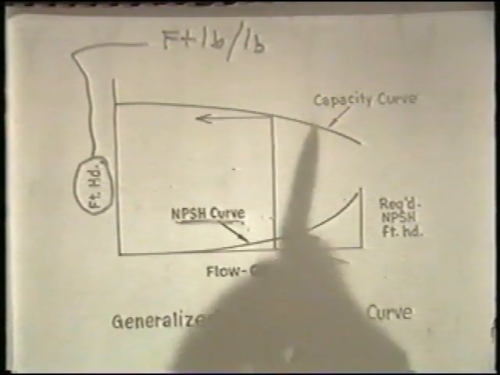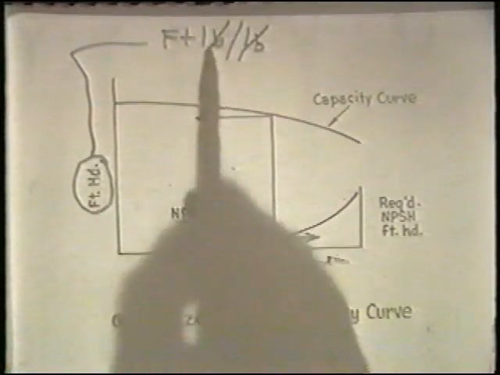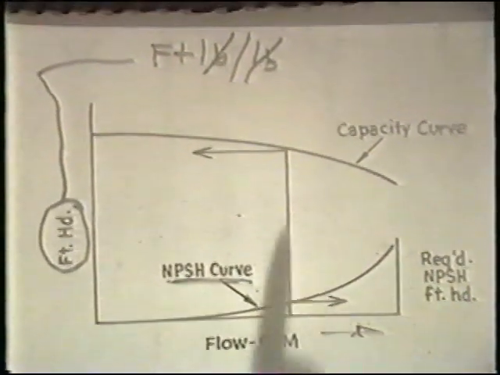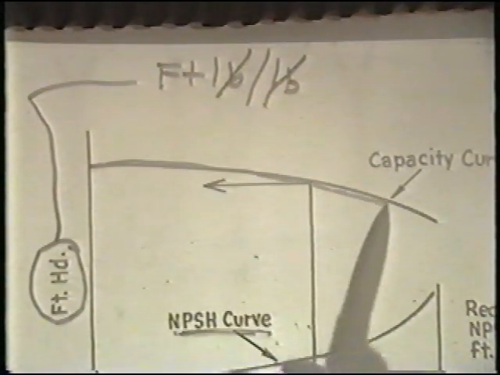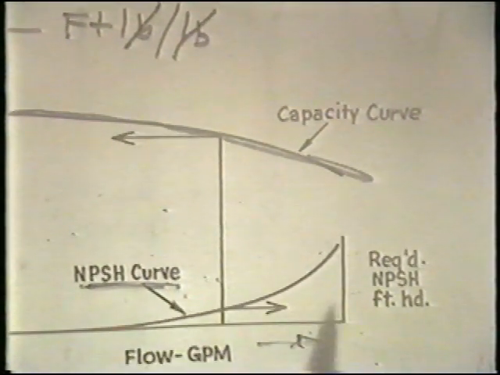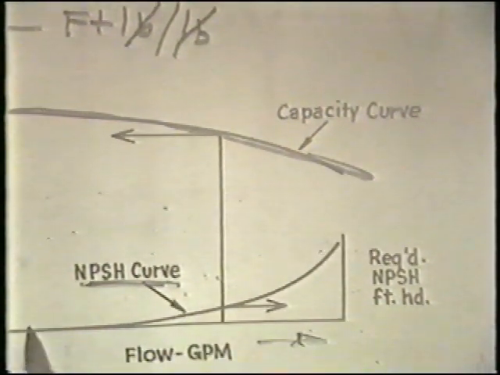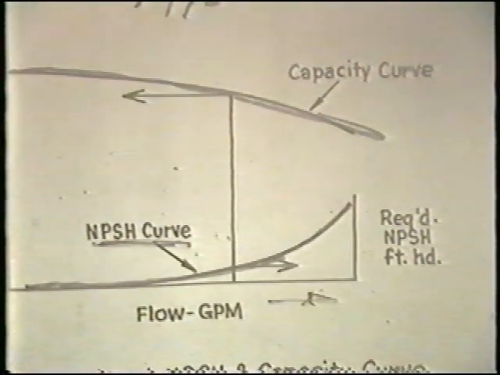What we are saying is this, that pound per pound is canceled, but the original meaning must be understood, which finally states that the pump capacity curve is unaffected by water temperature and or by density, and the NPSH curve is also generalized in terms of the liquid being passed through that pump, except as it may be affected by viscosity.